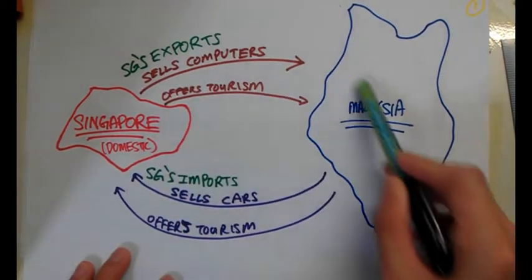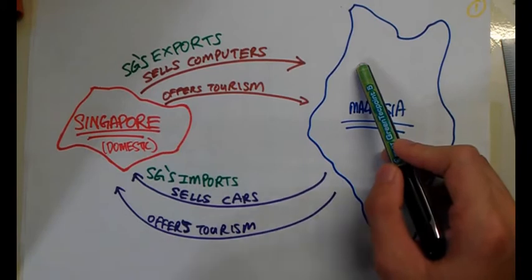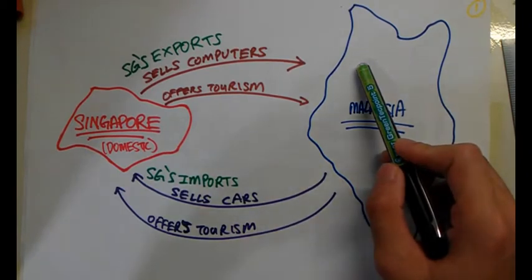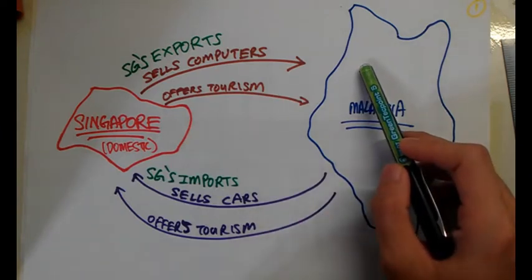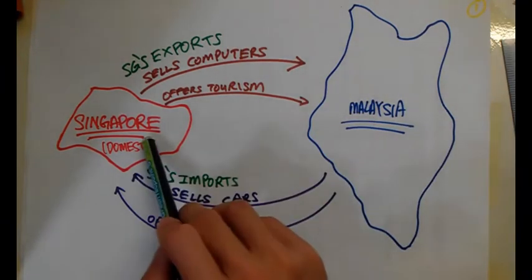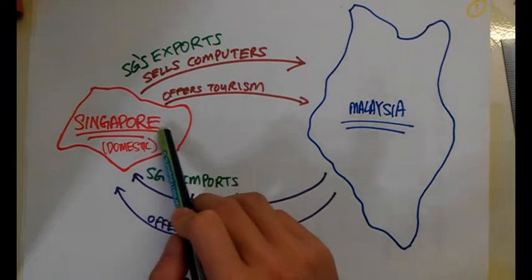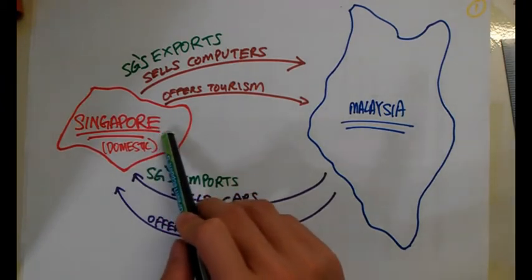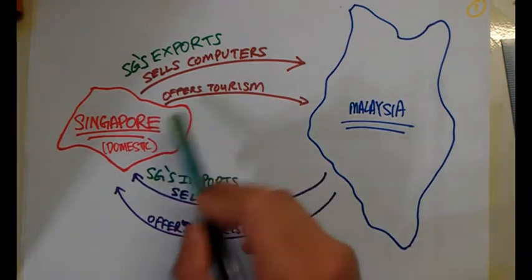We sell stuff over to Malaysia, or we perform certain services for them. Basically, anytime Singapore receives money from Malaysia because of goods and services trade, that is exports. Even when Malaysians come to Singapore and spend on food and a hotel stay, or they buy a car or anything, when they buy from Singapore, we are actually exporting as well because we are receiving money from them.